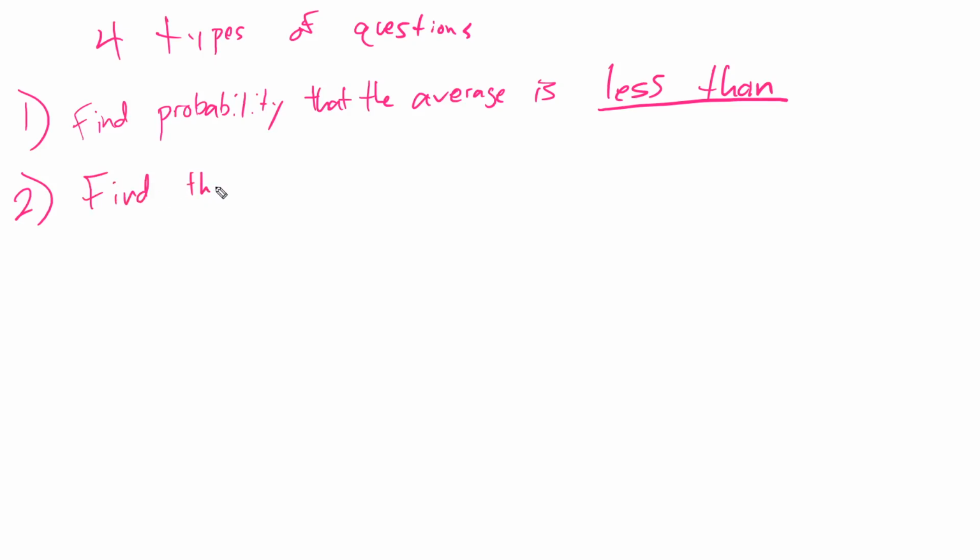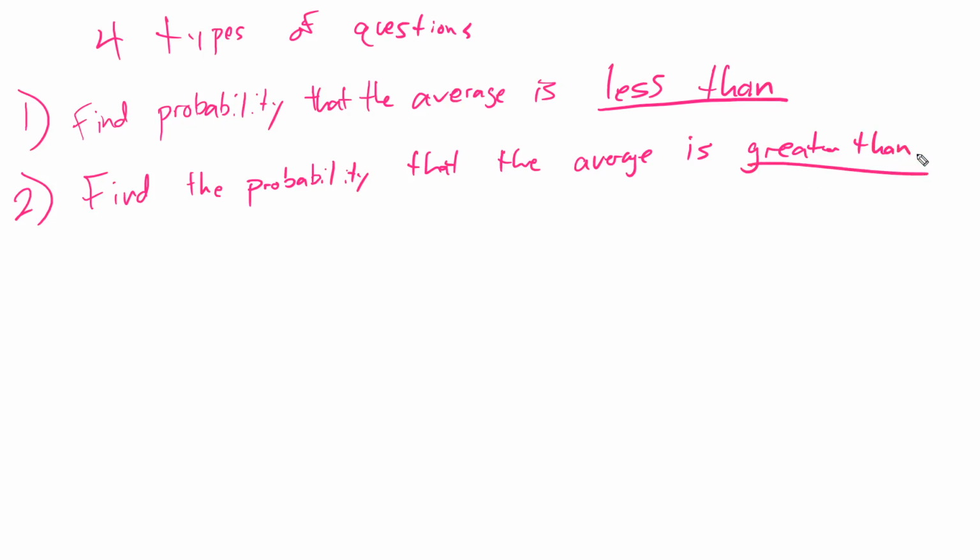Two, find the probability that the average is greater than. So if you remember, this one we changed the upper bound.